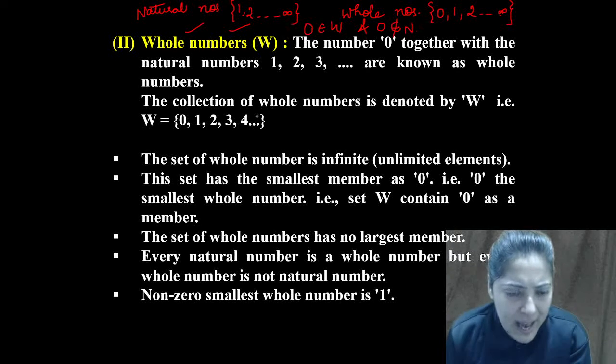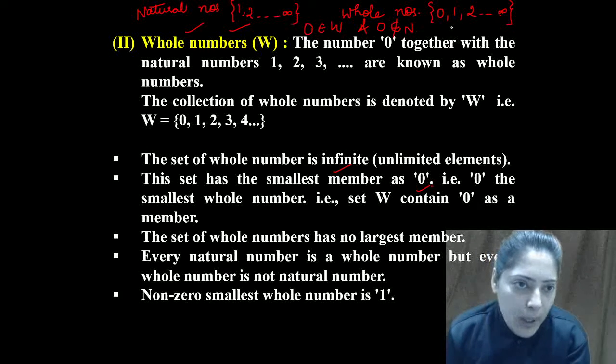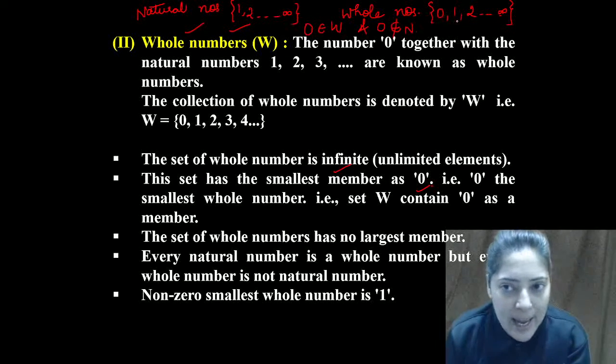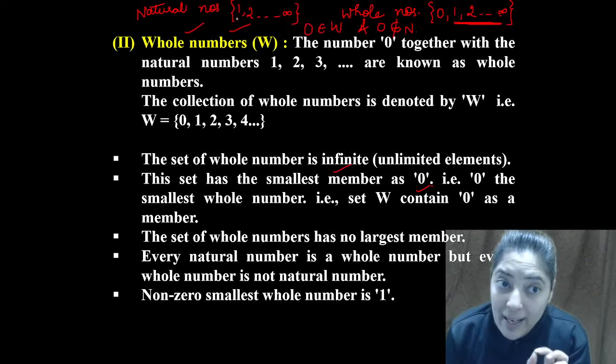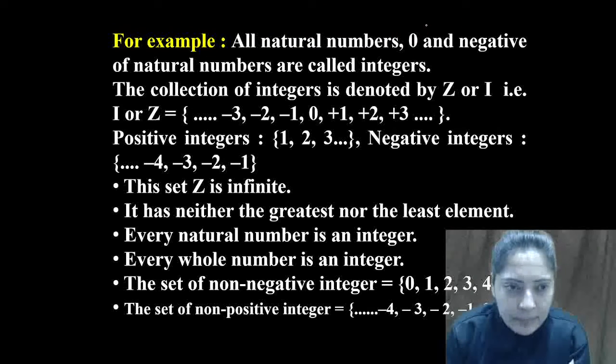In the same way, whole numbers are also infinite. Smallest element is 0. Largest member we don't know. ठीक है, every natural number is a whole number. एक चीज और याद रखना, every natural number is a whole number, but every whole number is not a natural number, क्योंकि whole number में 0 भी होता है and it is not a natural number. Vice versa मैंने बोला था.